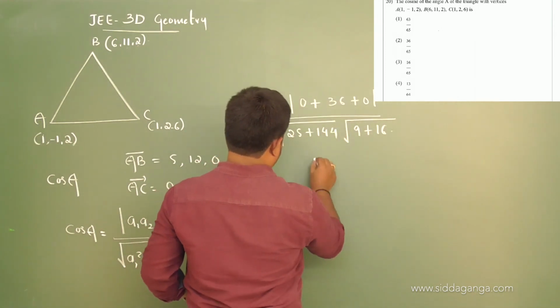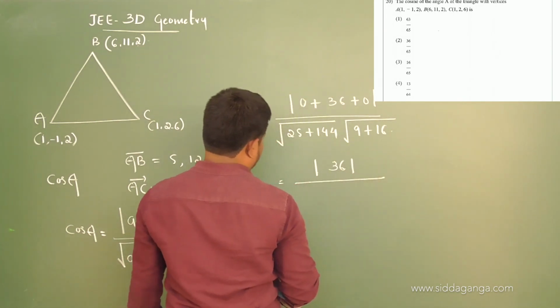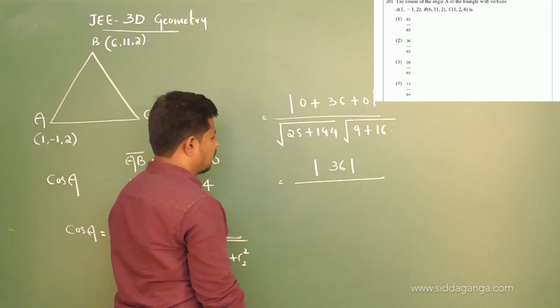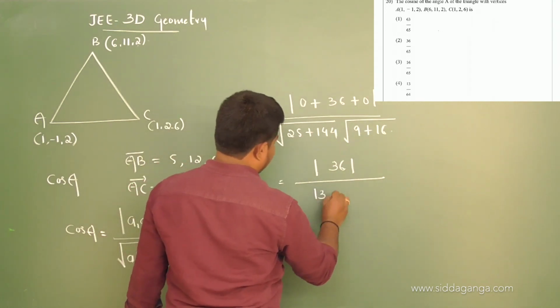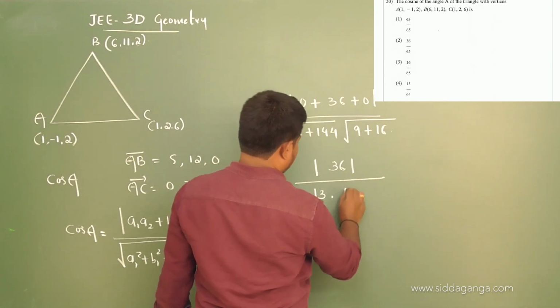So you get 36 divided by root of 169, which is 13, into root of 25, which is 5.